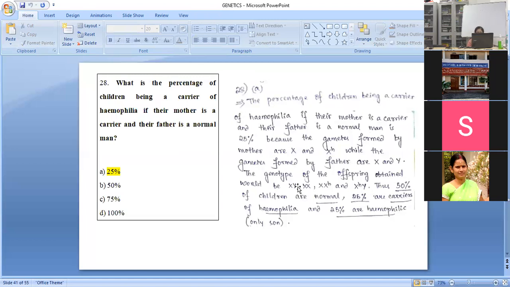If we cross, we will find 25%, because the gametes formed by the mother are X and X hemophilic, while the gametes formed by the father are X and Y. So the genotypes of the offspring will be XX, X and X hemophilic, XY, and X hemophilic and Y. Thus 50% of the children will be normal, 25% will be carrier, and 25% are hemophilic. That is, only sons will have this particular expression.